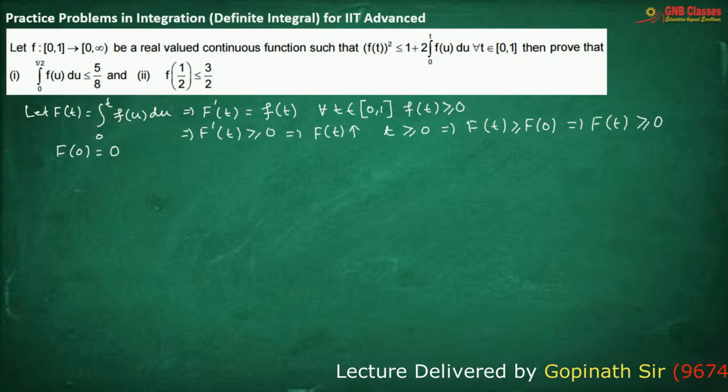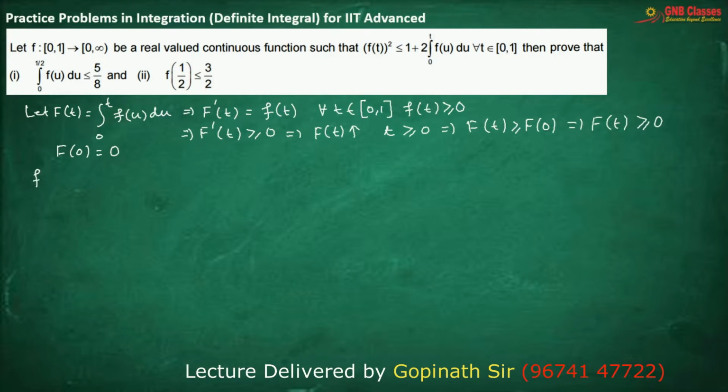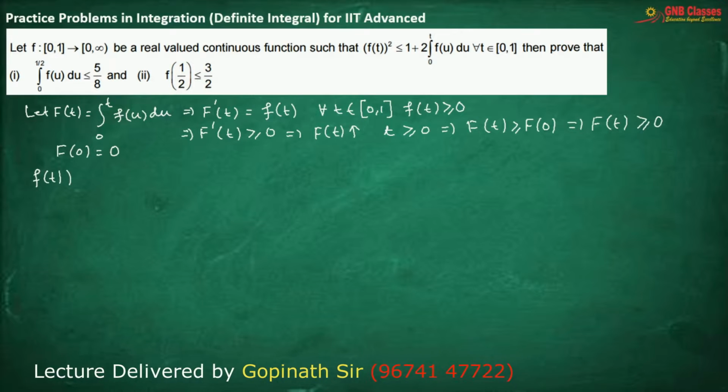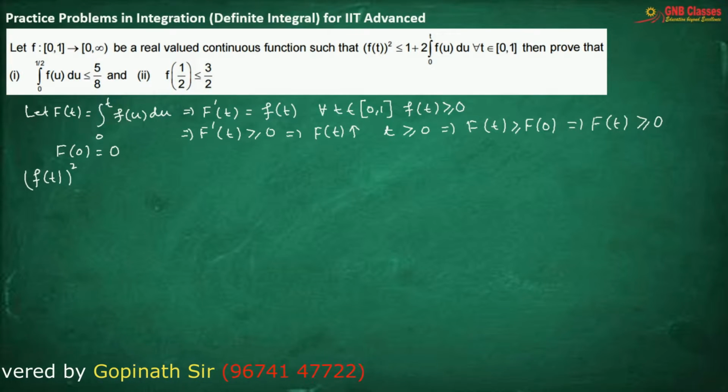Now from the given condition, f(t) squared is less than or equal to 1 plus 2 times capital F(t).